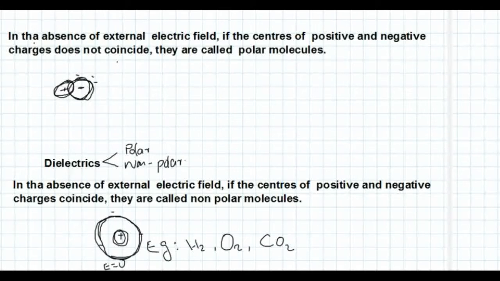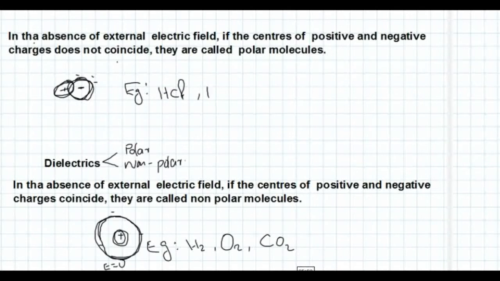And if the centers do not coincide, there will be a net polarity. You can see there is a positive polarity, there is a negative polarity. So these are called polar molecules. And the examples for polar molecules are HCl and H2O. H2O molecule and HCl molecule are examples for polar molecules.